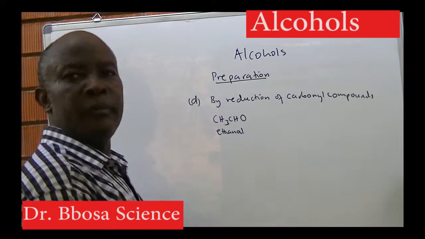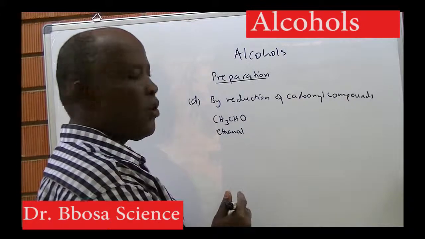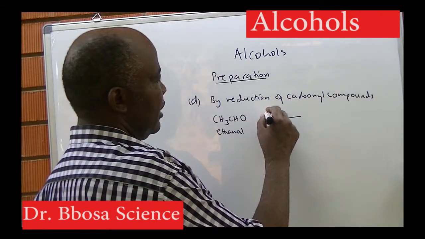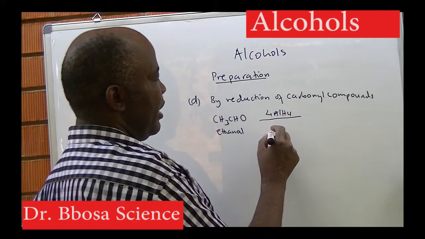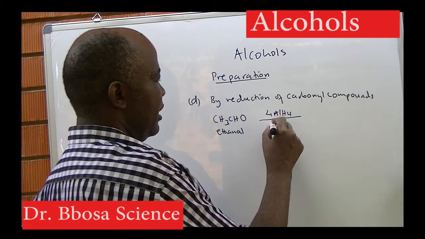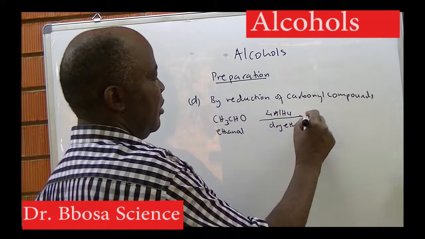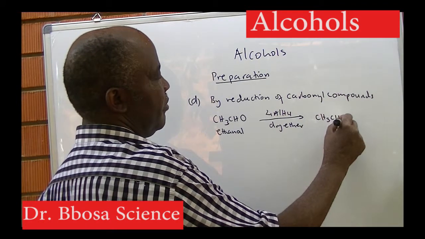D. By reduction of carbonyl compounds, ethanal plus lithium aluminum hydride in the presence of dry ether will give you ethanol.